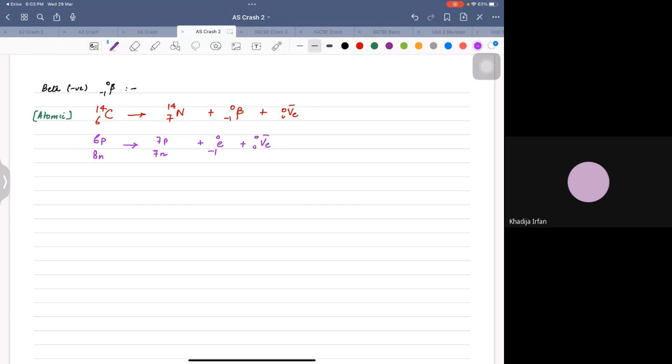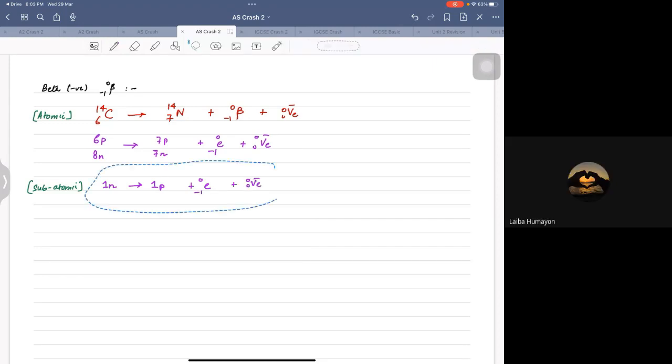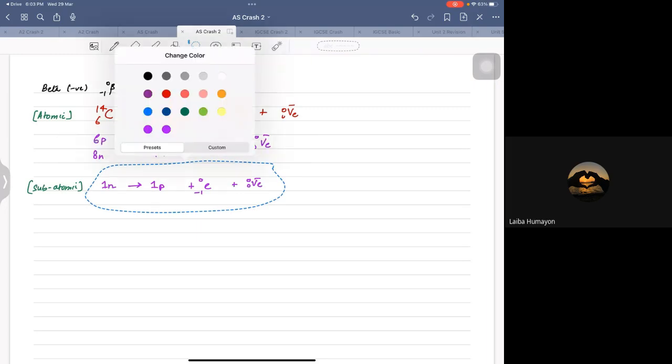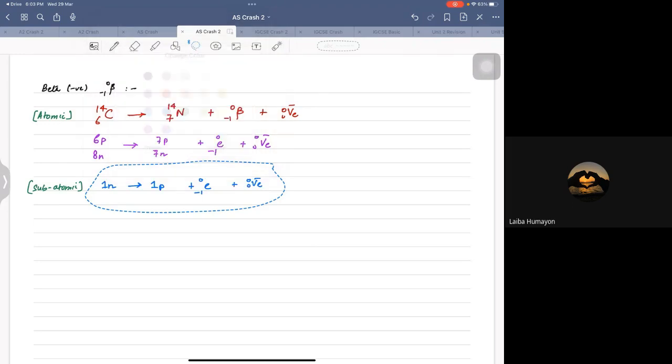If you notice, at the subatomic level, what has changed? One neutron has converted to 1 proton, and it has given this. Do you guys agree? Right. Let me just change the color. This is not what I wanted it to be.